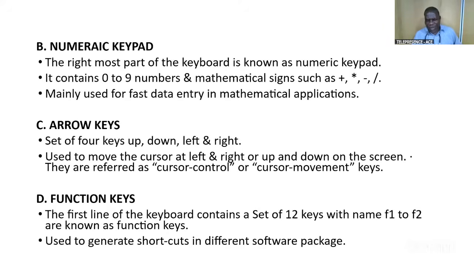We use them to navigate among the information and others. They are used to move the cursor left and right, or up and down on the screen. They are referred to as cursor control or cursor movement keys. Anywhere you want to move, you use the arrow keys to move the cursor there.